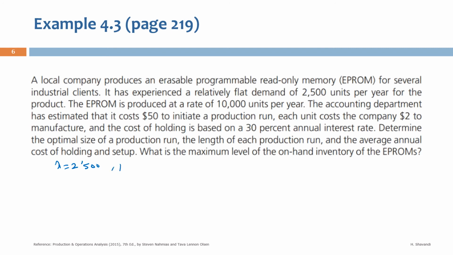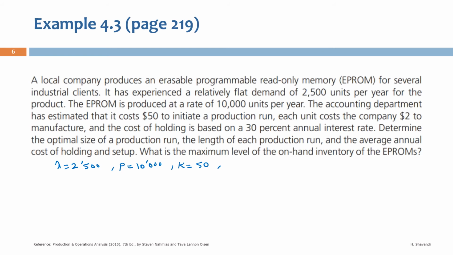So here P equals 10,000 units per year. The accounting department has estimated that it costs $50 to initiate a production run. This means K, the setup cost, is $50, and each unit costs the company $2.